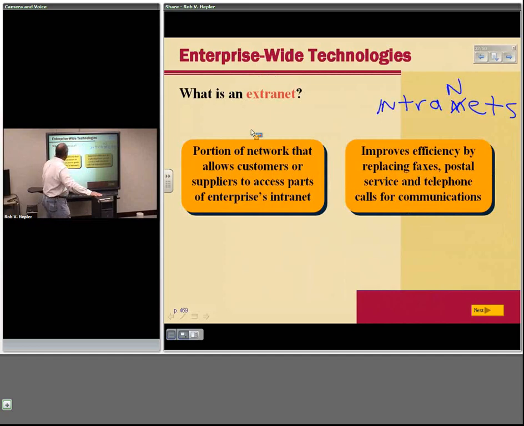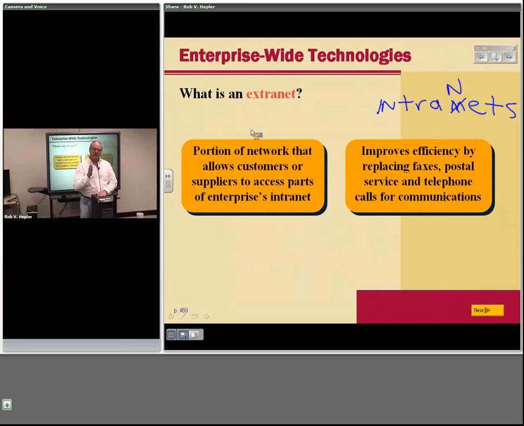An extranet is essentially a portal or an access point into your internal data, okay? So what you can do is have your internal systems be very secure, and only the people internally can access it. But of course, as we talked about, you might want your vendor or your supplier to access some of your information, or your customer to access some, or production to talk to the supplier.